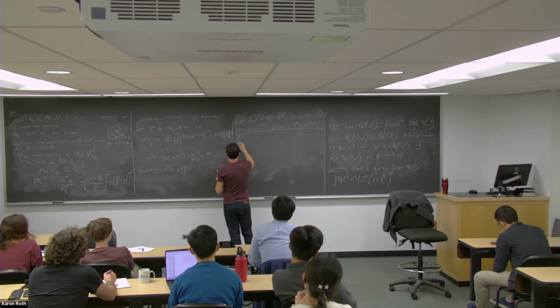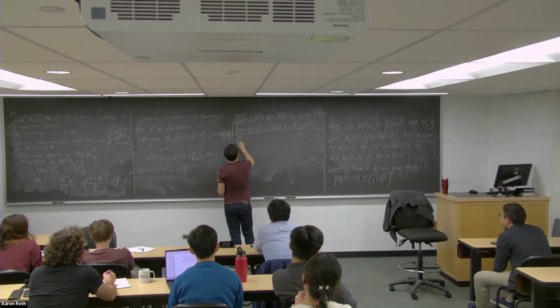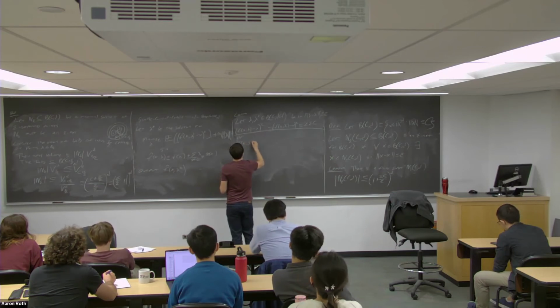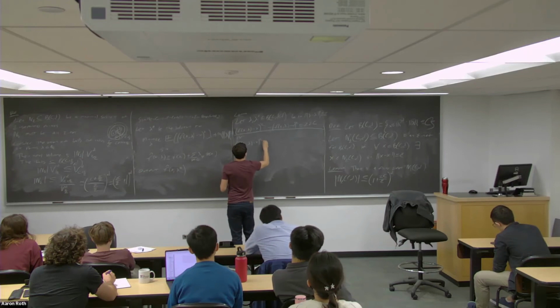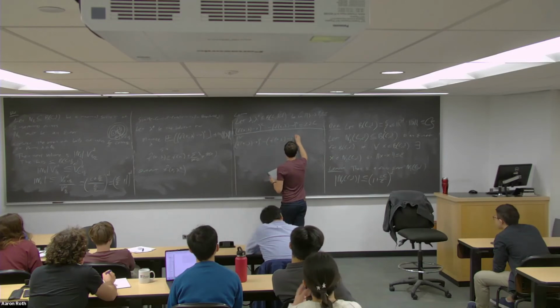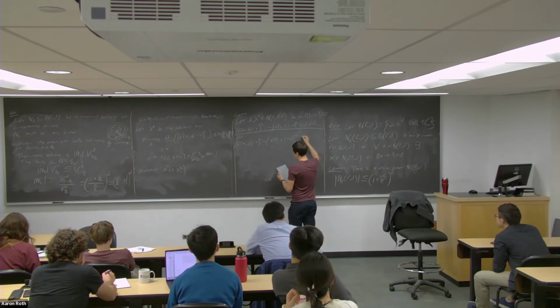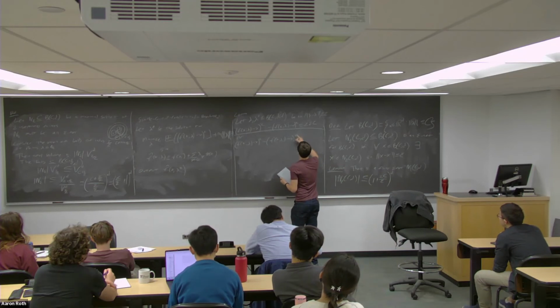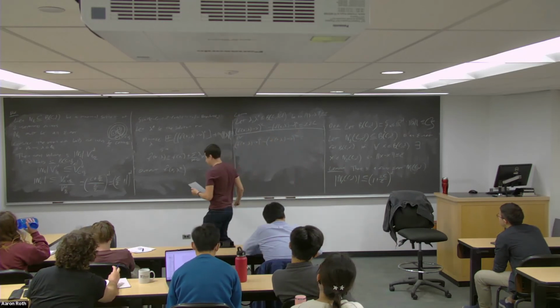I can write out the squared error. The squared error according to lambda minus the squared error according to lambda prime. And the y squared terms cancel.